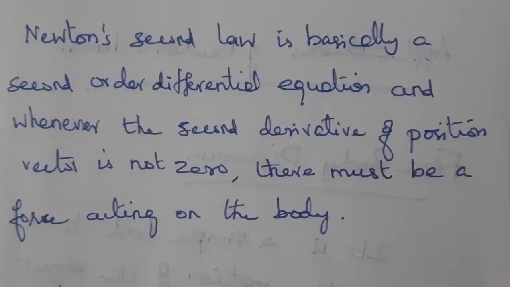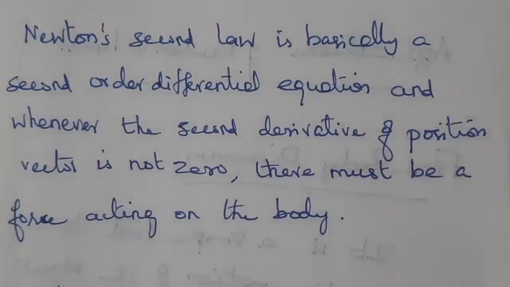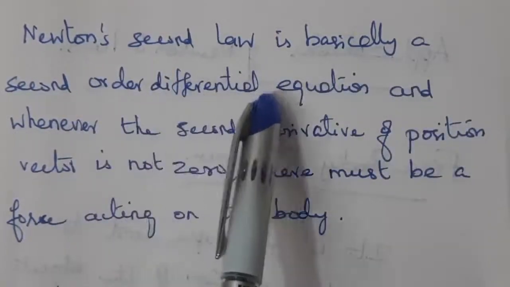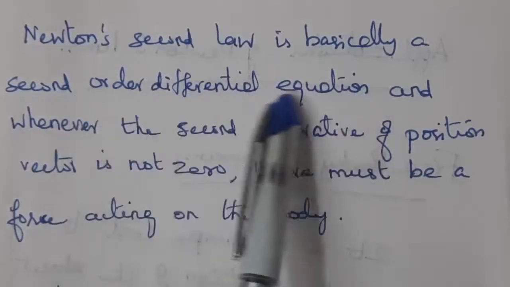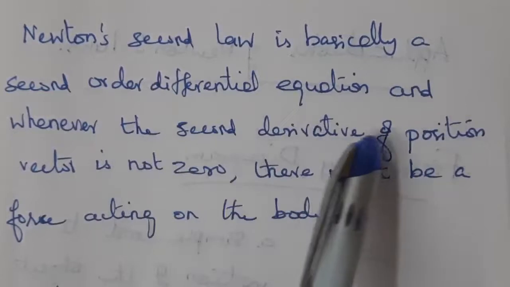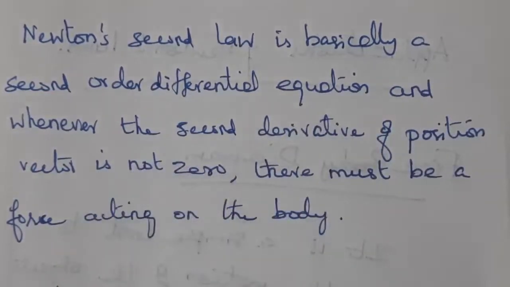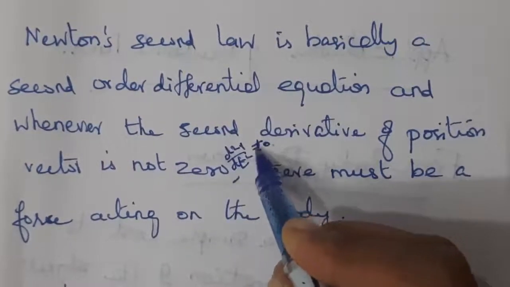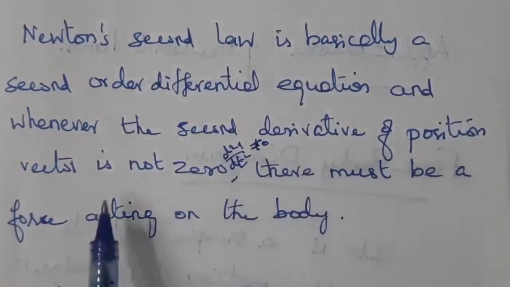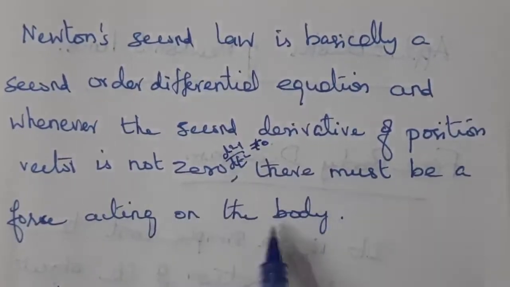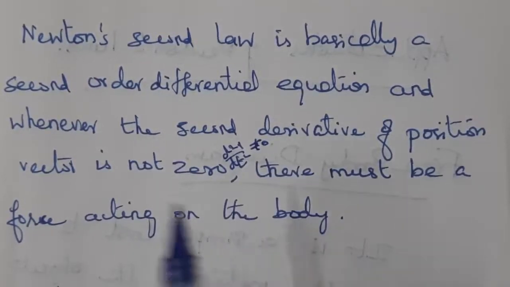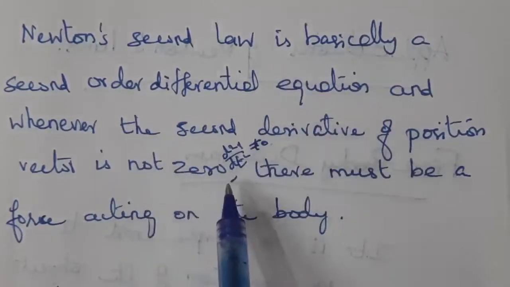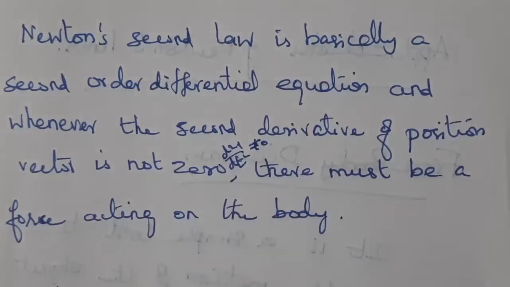From that expression, we can say Newton's second law is basically a second order differential equation, and whenever the second derivative of position vector, d square r by dt square, is not equal to 0, there must be a force acting on the body.